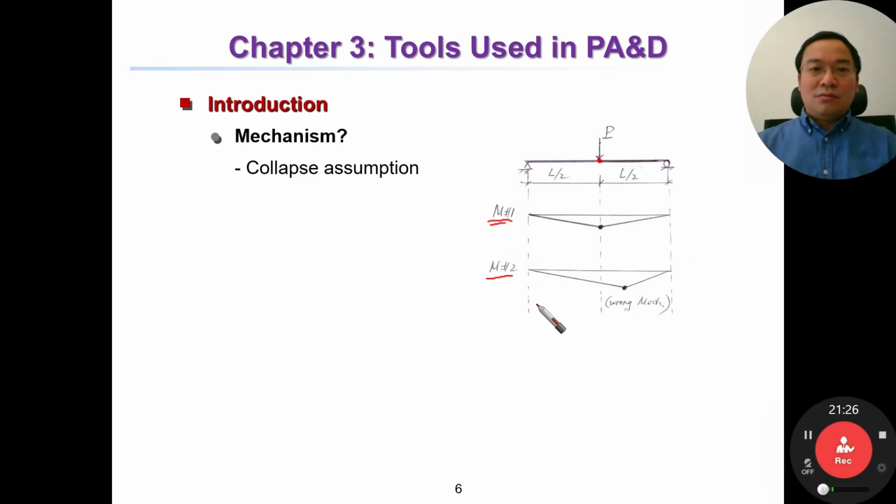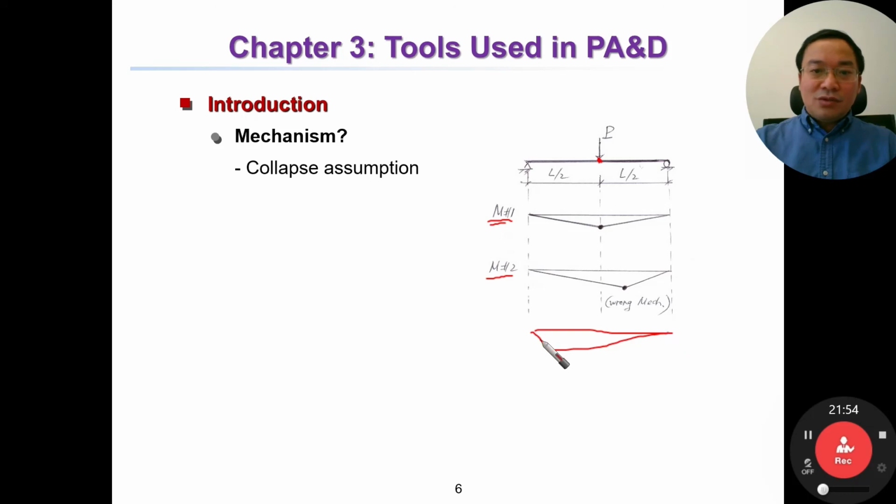We can assume different mechanisms, and then we check using some tool that I am going to talk about later. So we need to assume different mechanisms. For example, we can assume another mechanism like this.